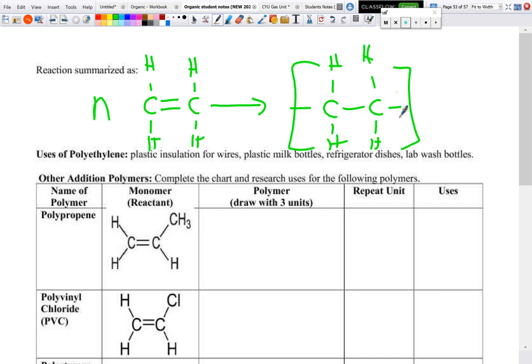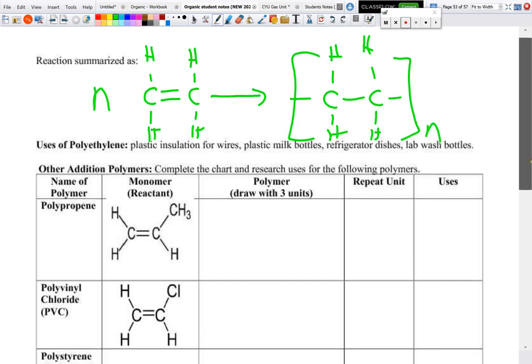Now the double bond's gone, but we do have our repeating units going through like this. So what we call right here, this is just one unit because it repeats over and over again. So basically your repeating unit is how many times you draw the monomer again.